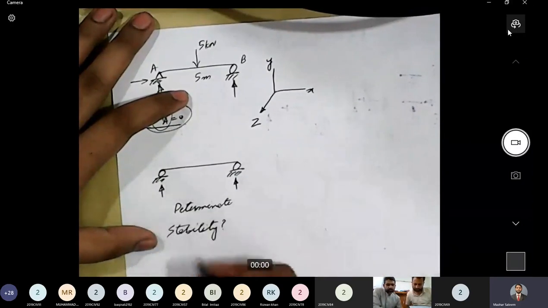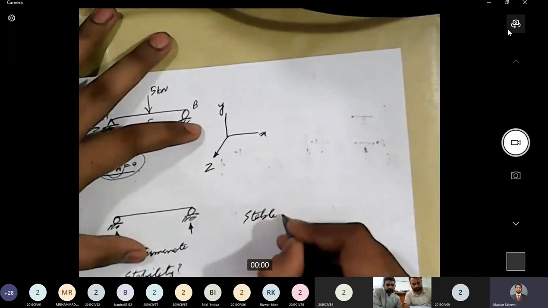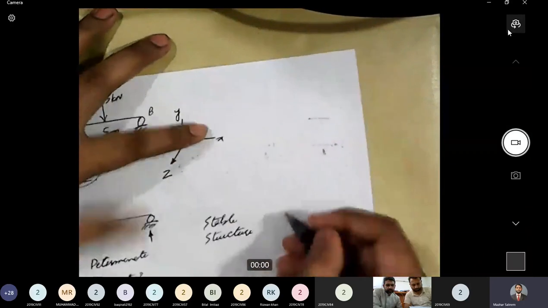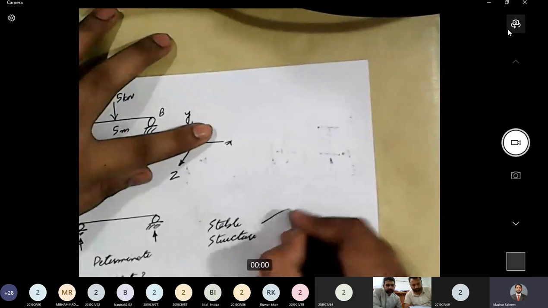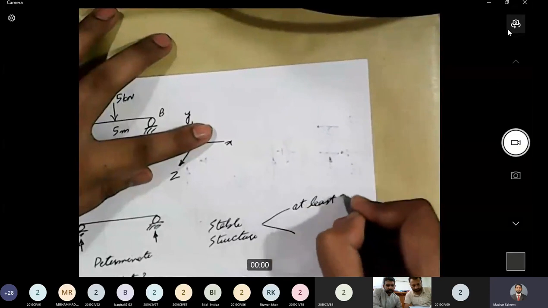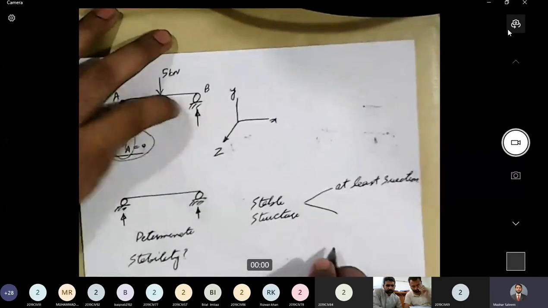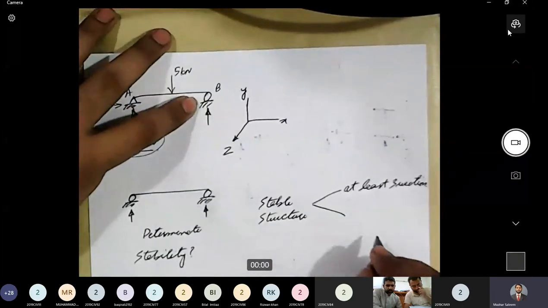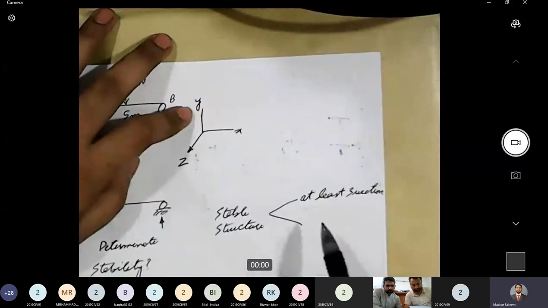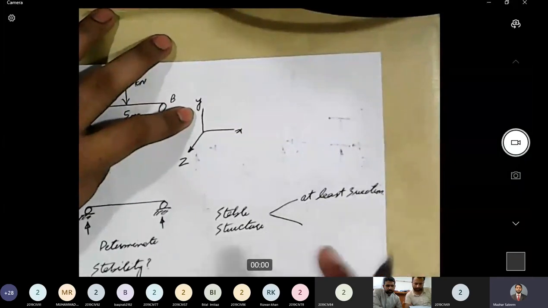For a stable structure, there should be at least 3 reactions, and all of those 3 reactions should not be parallel to each other.